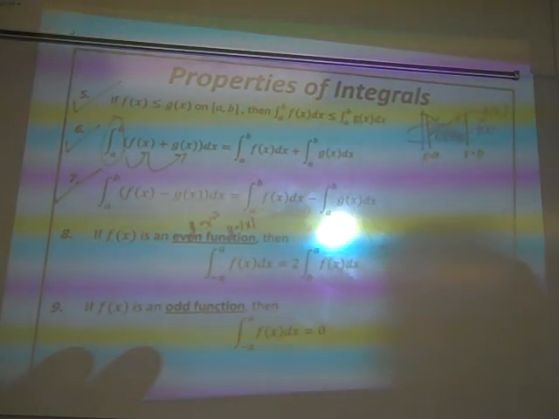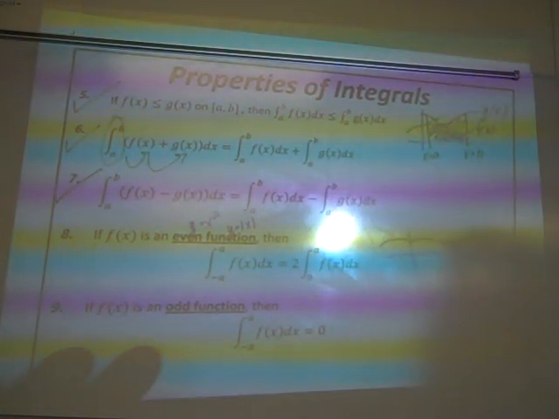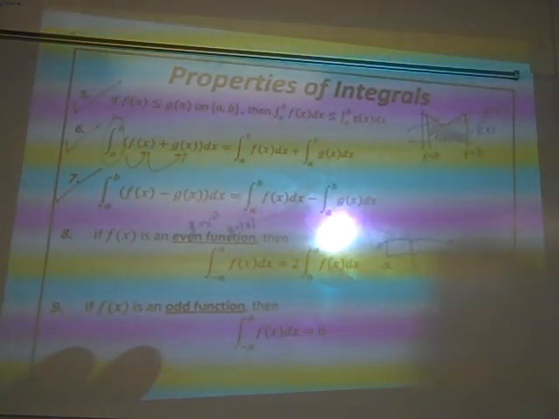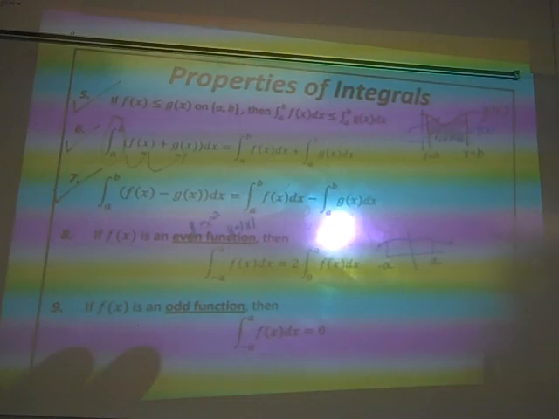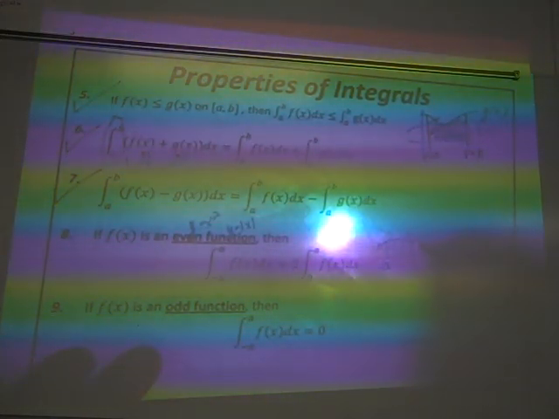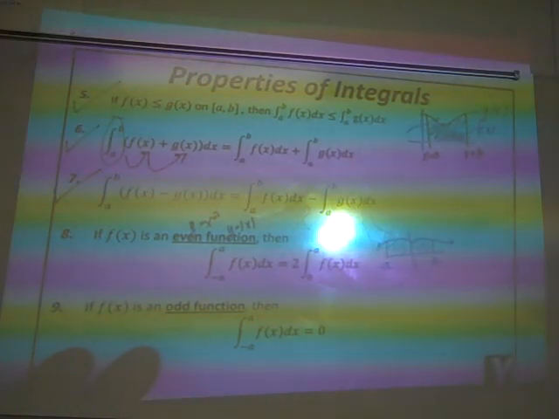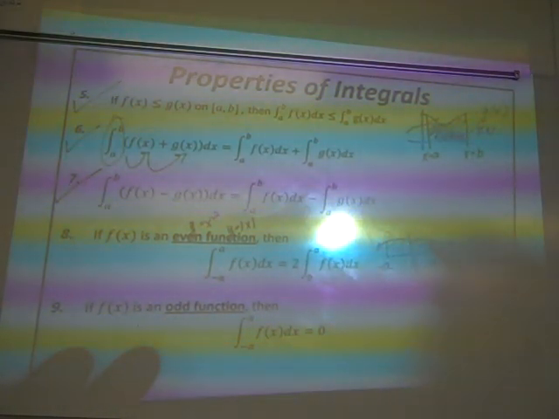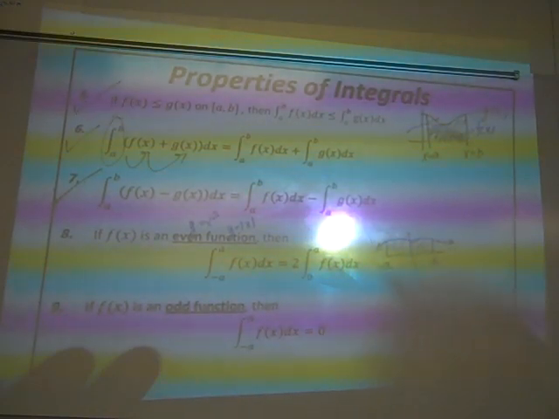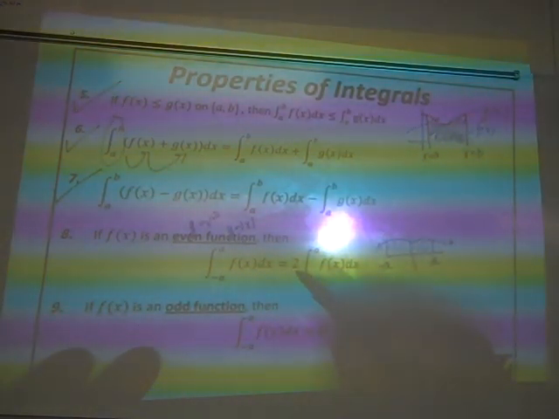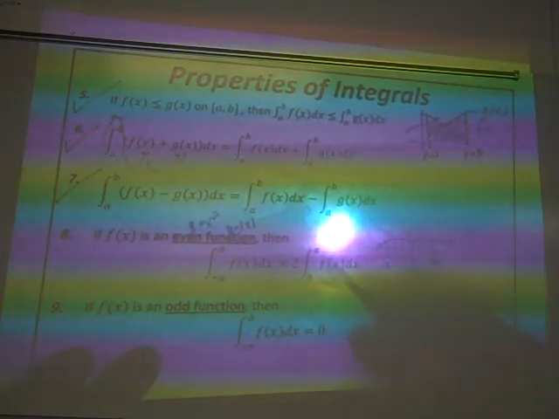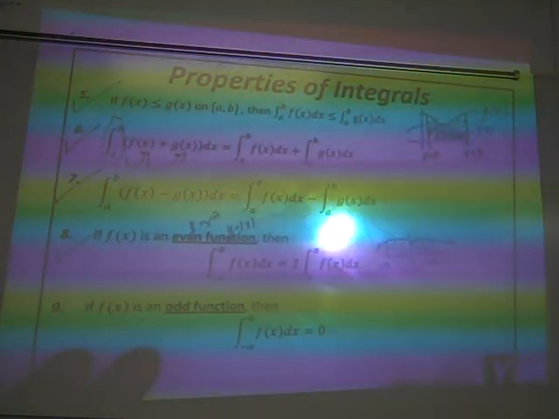If I were to draw some function that has y-axis symmetry, and I find the integral from negative a to a, this area to the left of the y-axis is exactly equal to the area to the right of the y-axis. So I can just say that the total area is equal to double the area from 0 to a of f of x dx.